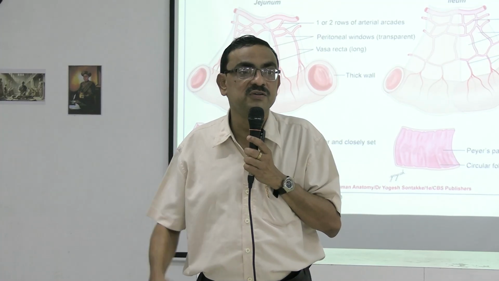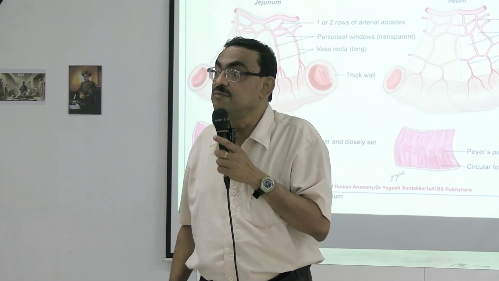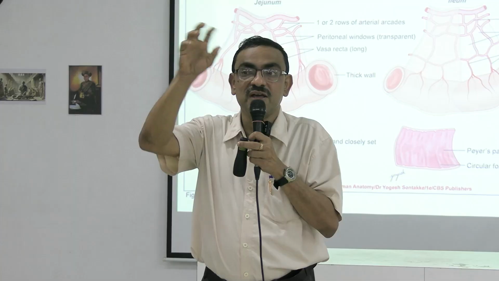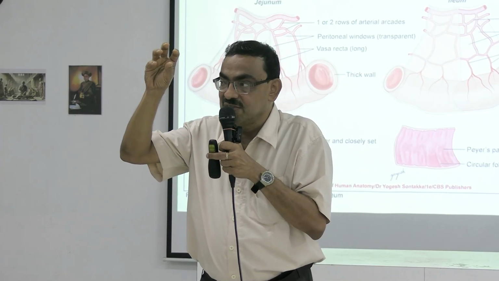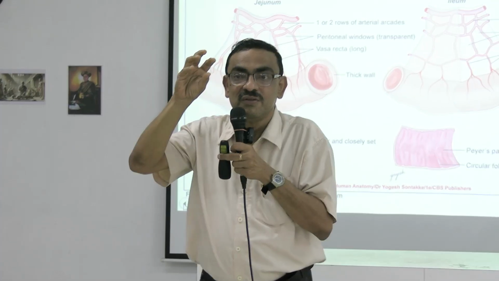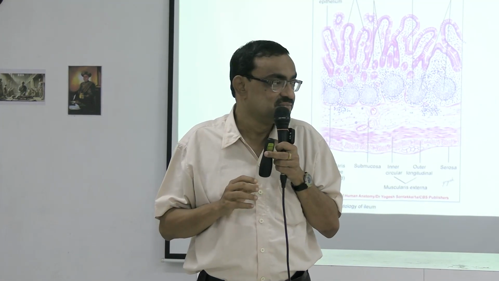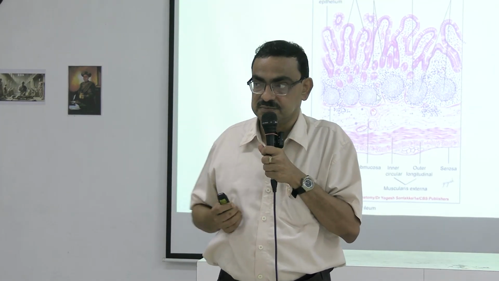Within the lymphoid follicles, what do we get? Different types of lymphocytes. As per our knowledge of histology, we know there is accumulation of lymphocytes, aggregation, and we can get the lymphoid follicles.